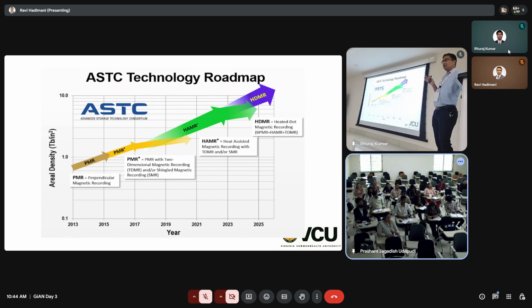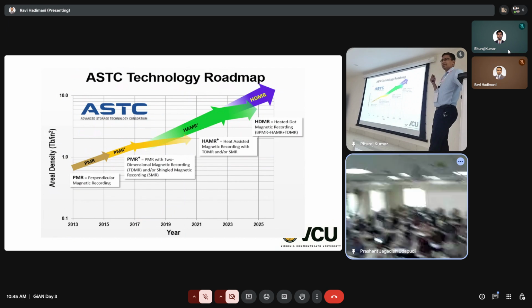So SSDs, of course, they're smaller, faster, but for the same capacity, they're much more expensive, right? And what is the other difference? Why do you think not all the data centers are using SSDs?